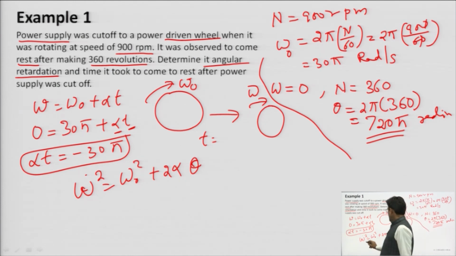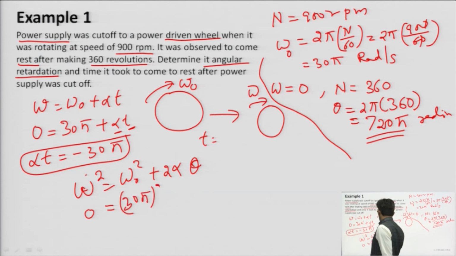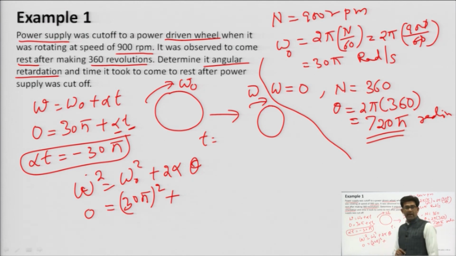Omega is 0, omega naught we have 30 pi square, plus 2 alpha into theta, where theta is 720 pi.